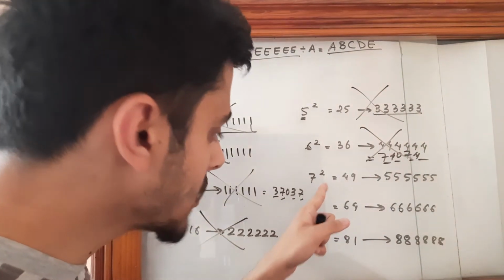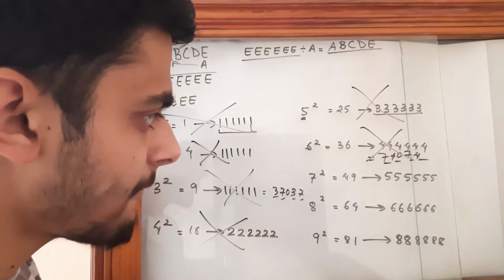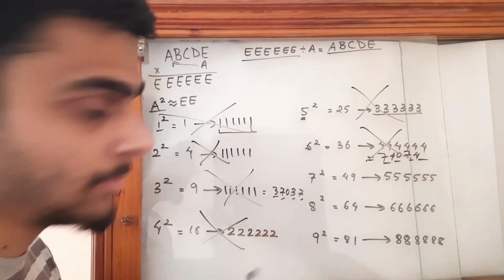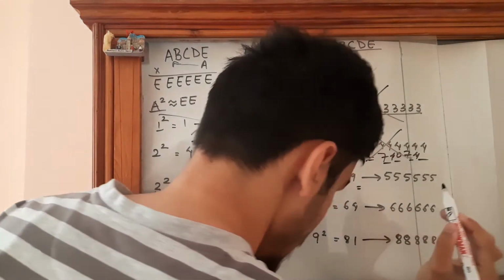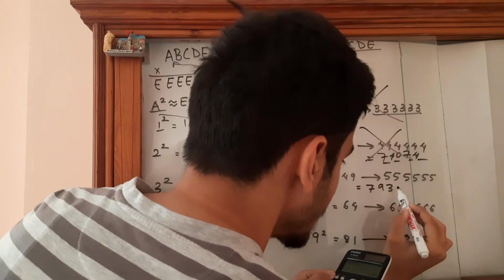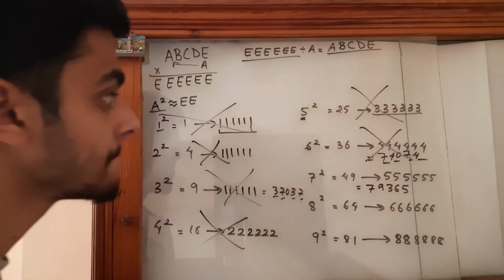So let's go for 7. 555 divided by 7. We get an interesting answer over here: 79365.